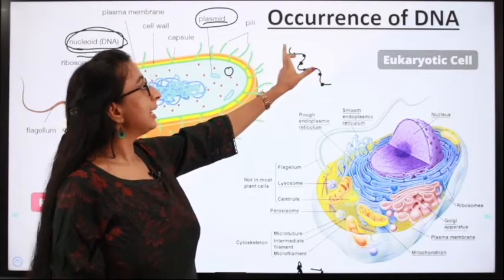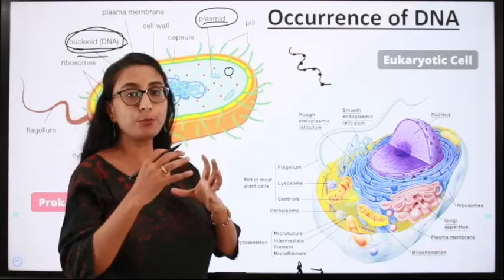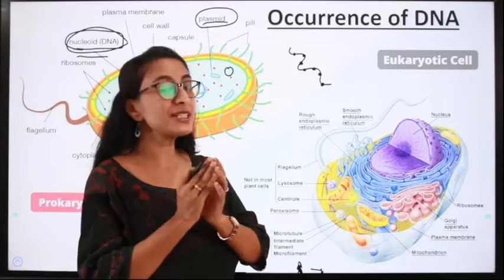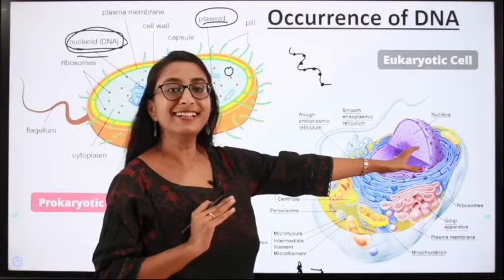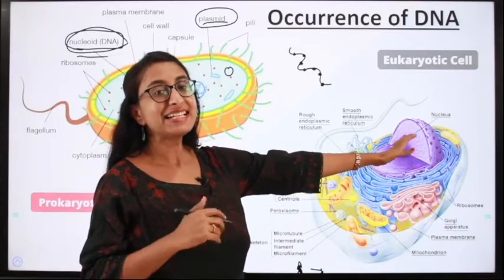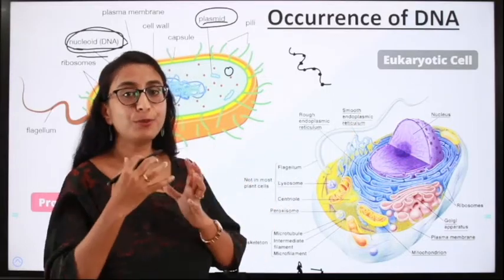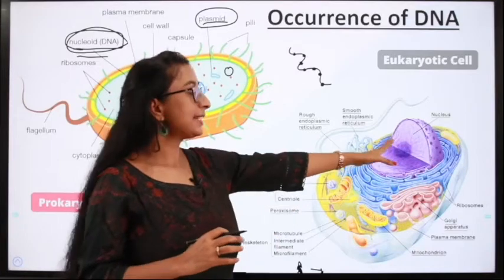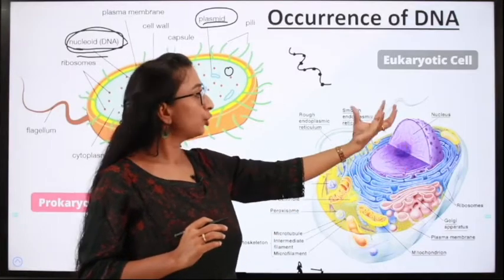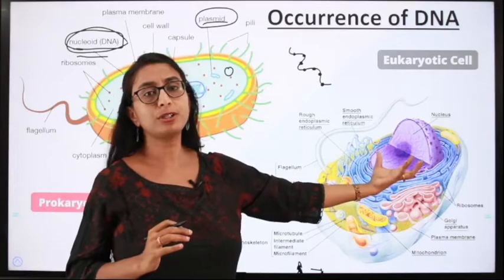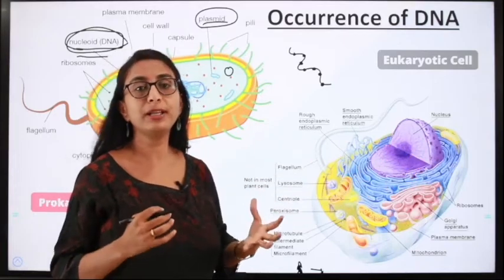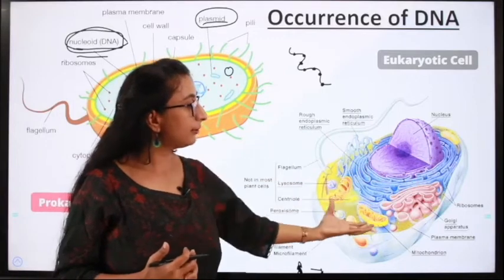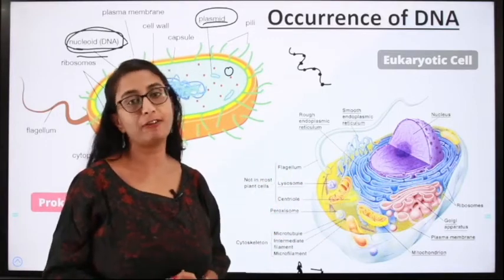What happens is this DNA along with the histone proteins is compacted in the form of chromosomes, and chromosomes are present inside the nucleus. Got it? The nucleus is a very well defined organelle which has a nuclear membrane consisting of nuclear pores, and in a eukaryotic cell all the other organelles also are very well defined.